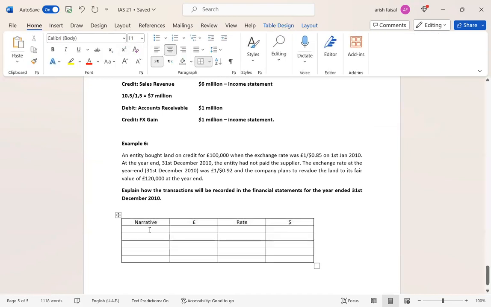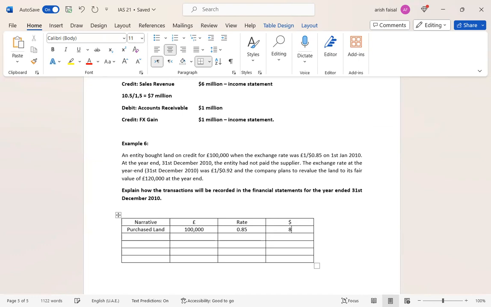So now what's happening is that you purchase a land on credit. Purchased land with the amount of 100,000 pounds. They have given it to you in pounds actually. So in this case, you have to multiply by 0.85, because as you can see, the dollar is stronger in comparison to the pound.